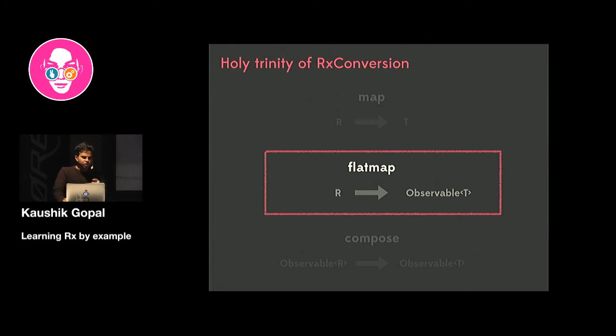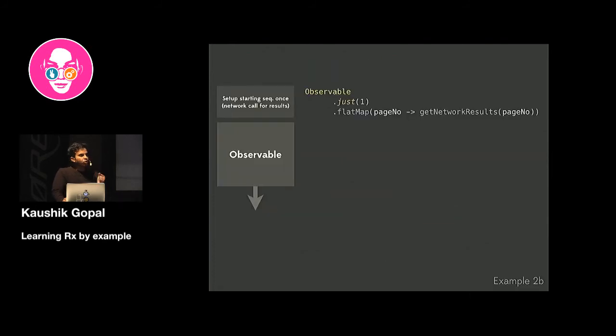So I'm going to use the flat map operator here because what I want really is to take a single page number, which is this integer value. It's a basic object type, and I want to transform it into an observable that gives me the list of results having hit the network, or wherever you're getting your results from, right? So I use the flat map operator here, and the argument is the page number.